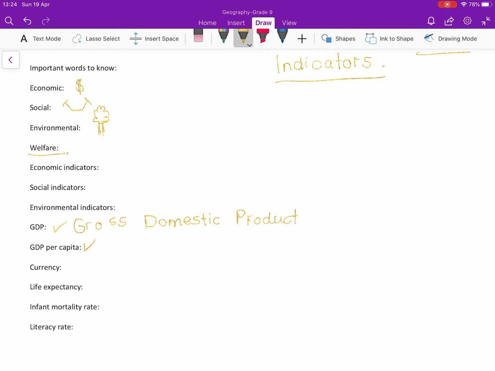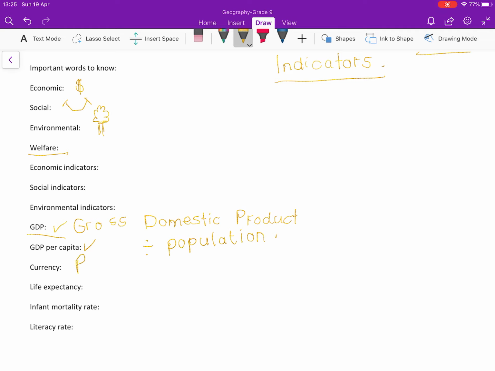Okay, so the gross domestic product is the value of goods and services produced in a country in 1 year. The GDP per capita is the GDP per person, meaning take the total GDP and divide it by the population. So your GDP is the value of everything that is produced in a country.